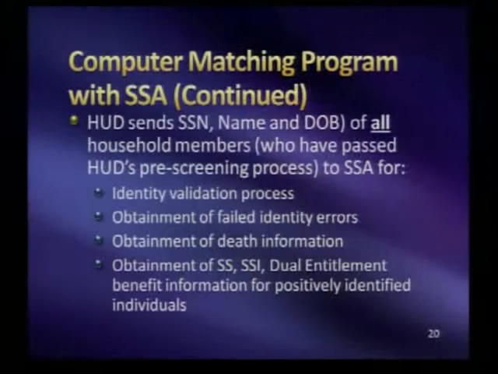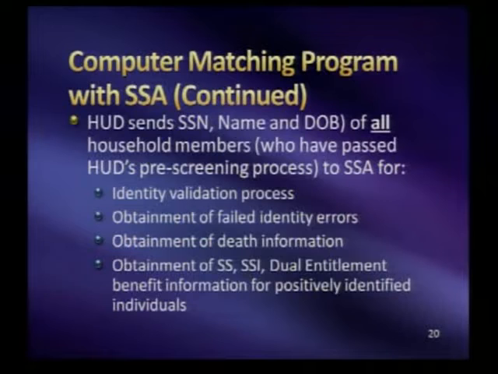And one of the things that will happen is that if HUD determines that the information on the 5.8 is inaccurate or invalid, we will automatically exclude those individuals from matching. And I'll show you with your identity verification report and your immigration report how that comes into play in this matching process. But we're basically making sure that what we get data for is valid. Okay, so we don't send any invalid SSNs over to SSA.